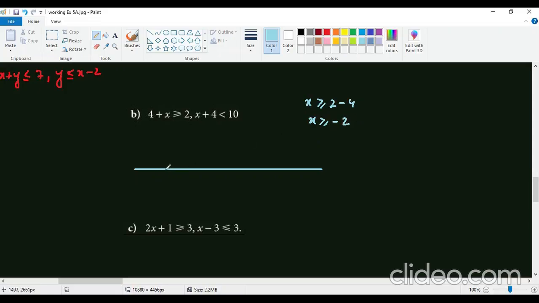So it's going to start from minus 2, and all the values x less than 10 minus 4, so all the values less than 6. So it's going to be 6 here, and a straight line on top. So the first is going to be a full circle, and this is going to be an empty circle. So be careful with this.